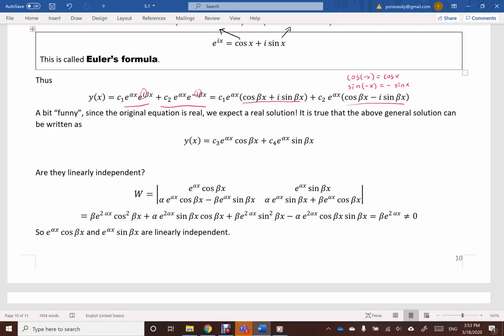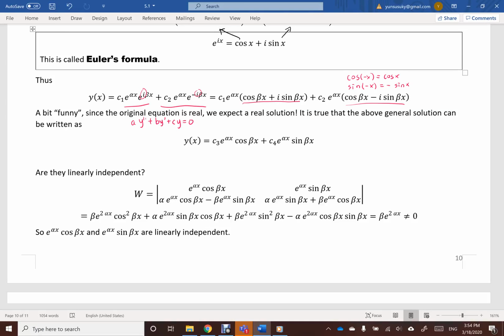Okay, so a bit funny, because the original equation is a y double prime plus b y prime plus c y equals 0. Because the coefficients are all real numbers, we expect to have real solutions. So is it true that the above general solution can be written as C3 e to the alpha x times cosine beta x plus C4 e to the alpha x sine beta x?